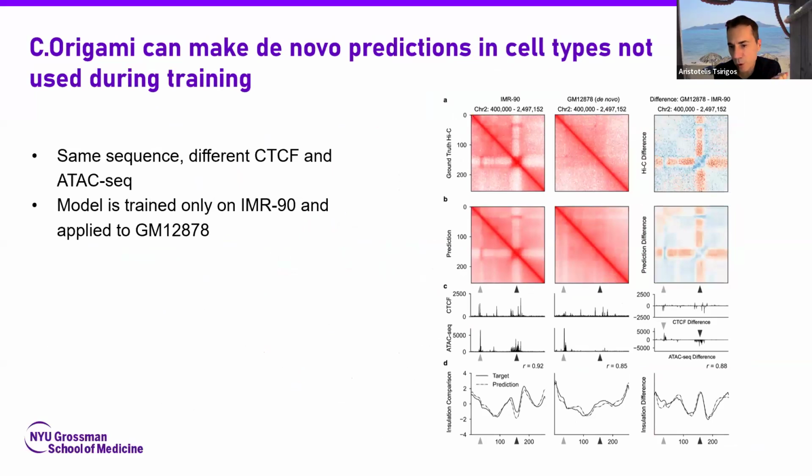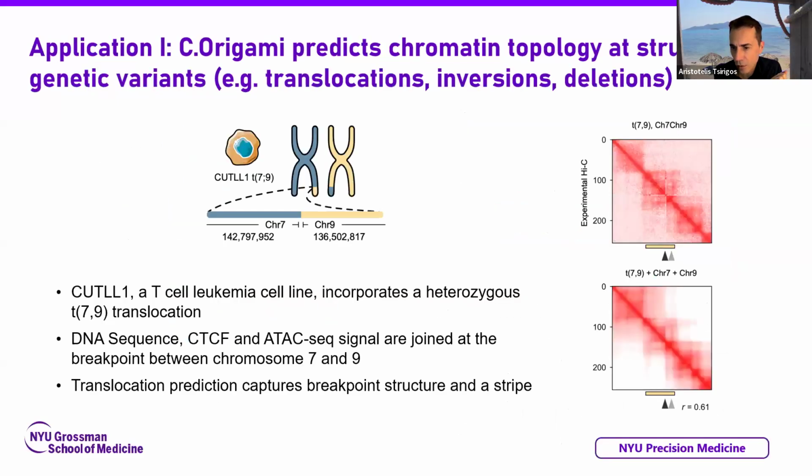It does perform much worse, and there's no real way to rescue this, because think about this: if you don't use ATAC and you only use sequence, you'll make the same prediction on any cell type. It will just be the same. And yes, of course, because chromatin organization is to some extent conserved from cell type to cell type, you will capture those universal features and elements that are true and present in all cell types.